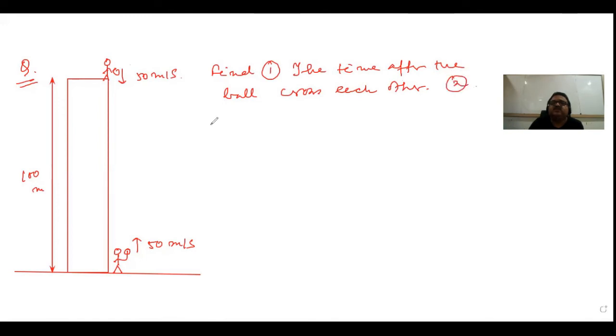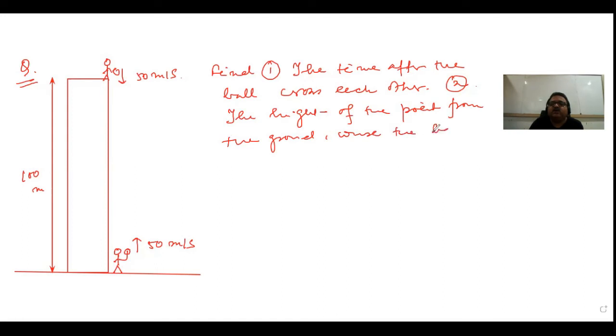Number 2, the height of the point from the ground where the balls cross each other. Okay. So let us assume for a moment that at a height of small h, the balls will cross each other. Okay. So I'm drawing it like this.